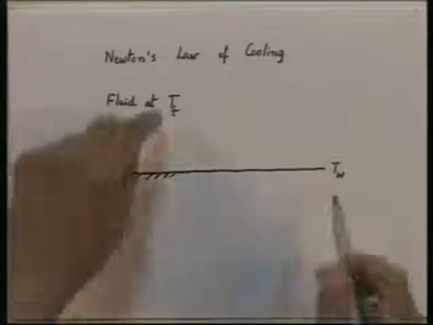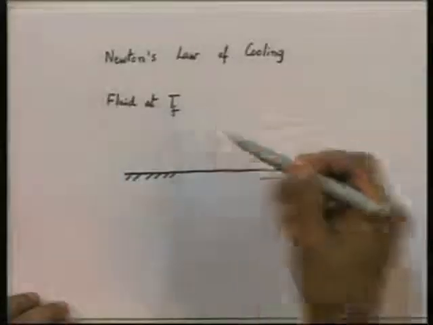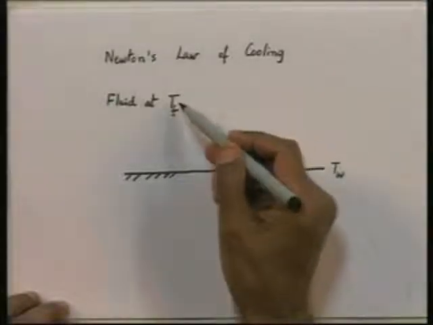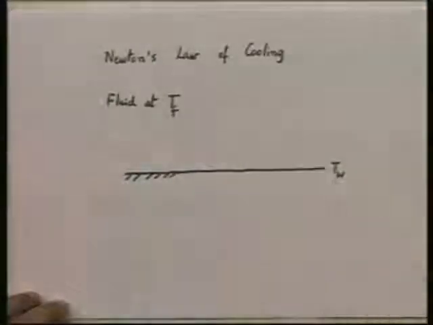All right, the two temperatures are different. So, heat is either going to flow from the wall to the fluid if Tw is greater than Tf, or from the fluid to the wall if Tf is greater than Tw.